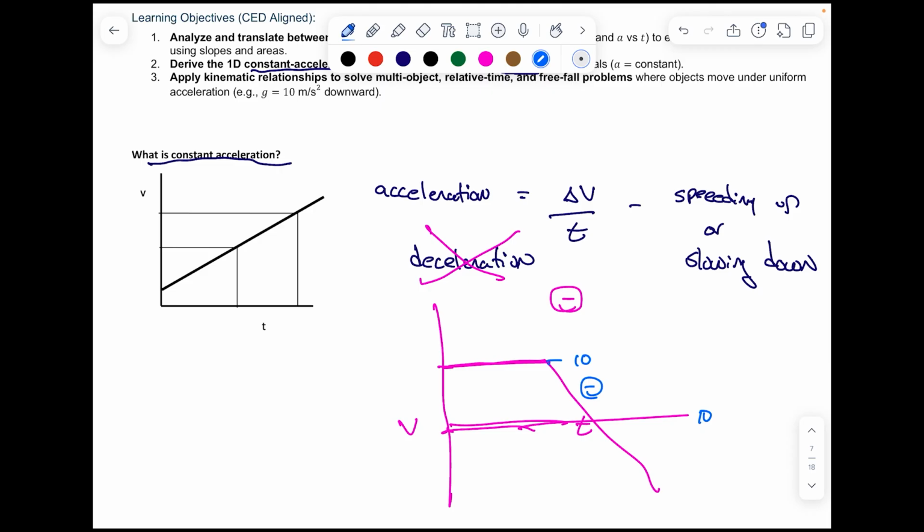But in this case, if I'm going from 0 to negative 10 meters per second, then we have a negative acceleration, but it's getting faster. It stopped at this point and then turned around in the opposite direction as it went in this direction. So we're going to use the term negative acceleration.